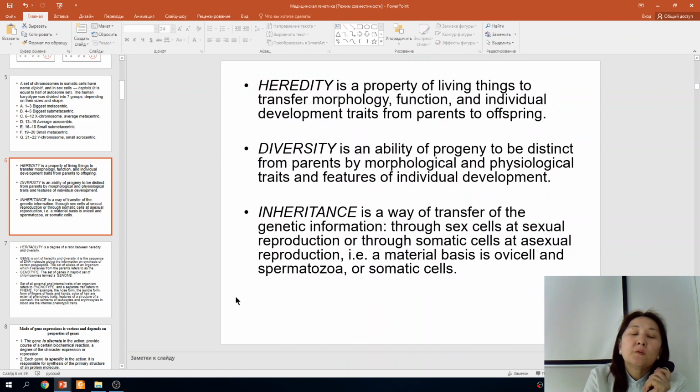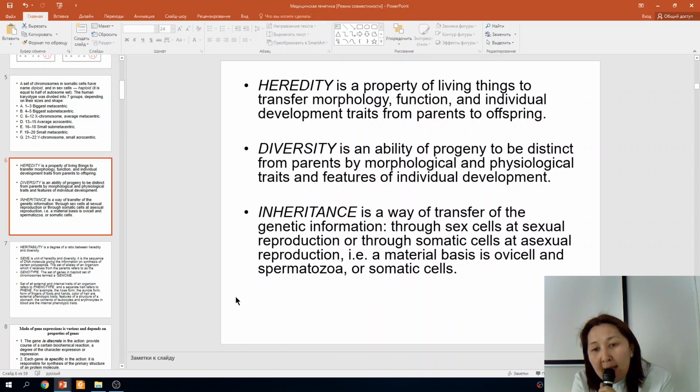Now we're talking about the general subjects of genetics: heredity, diversity, inheritance. What is heredity? It is a property of living things to transfer morphology, function, and individual development traits from parents to offspring.